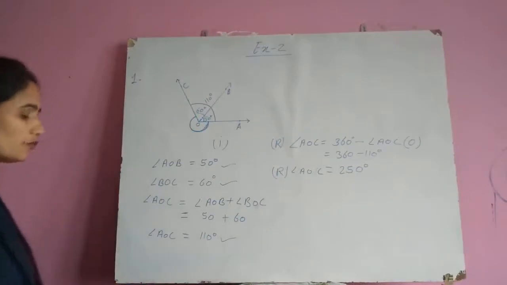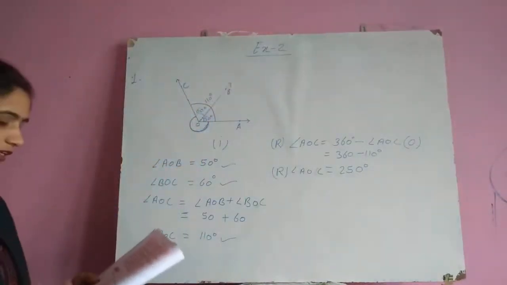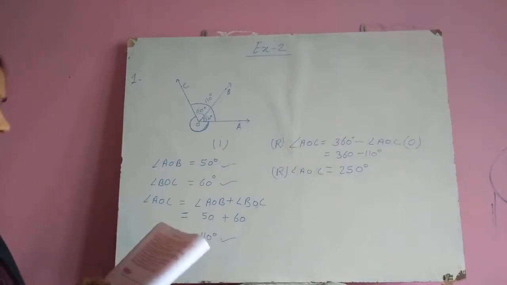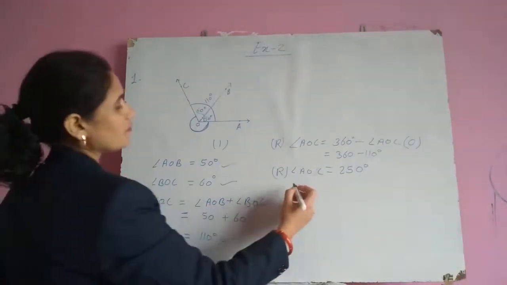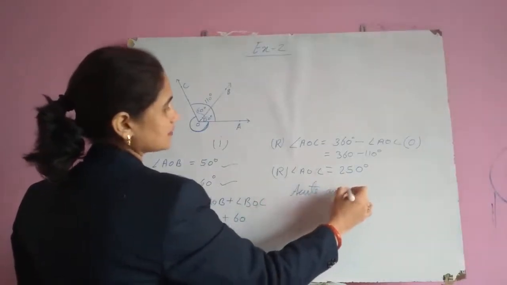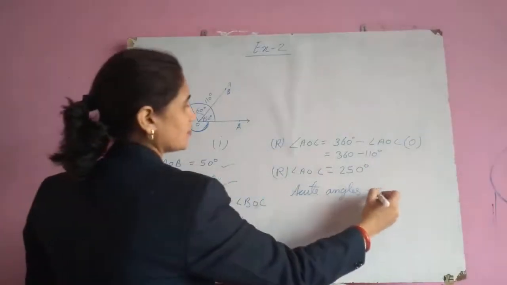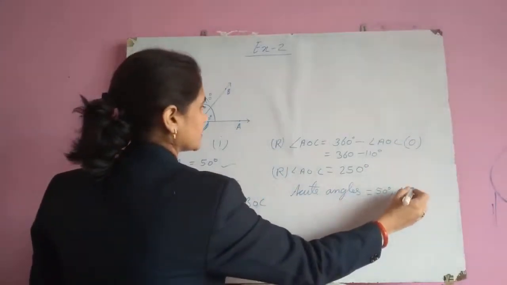Now we have to write down what the acute angles, obtuse angles and reflex angles are. First, acute angles are equal to 50 degrees and 60 degrees.